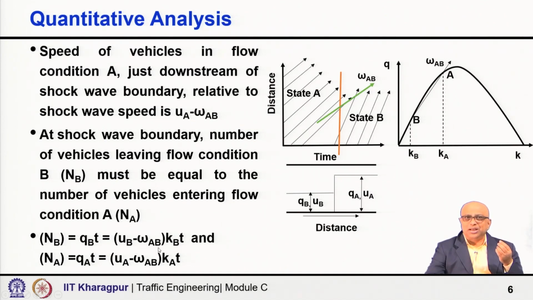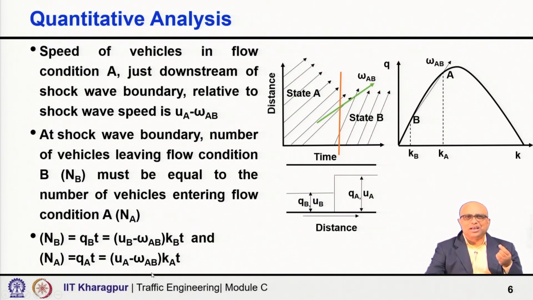UB minus omega AB. So, it is UB minus omega AB within bracket multiplied by density KB, that gives me the flow, into time t. You can call it t, you can call it delta t to indicate small time interval, we are talking about a small time interval. And similarly, what is NA? NA equal to QA into T, and what is QA?